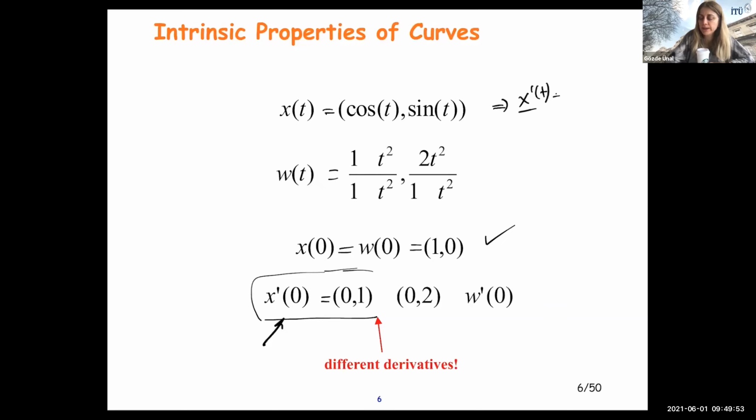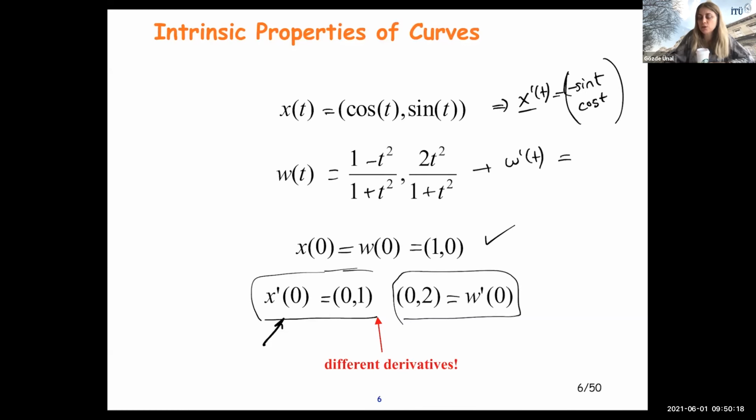It is another vector function: minus sine t, and cosine t, right? I can plot it as a vector. Inserting t equals 0 there, that would be 0, 1, right? For this guy also you can take the derivative and find its first derivative. It's easy to do, it's calculus. Its first derivative at t equals 0 is 0, 2.